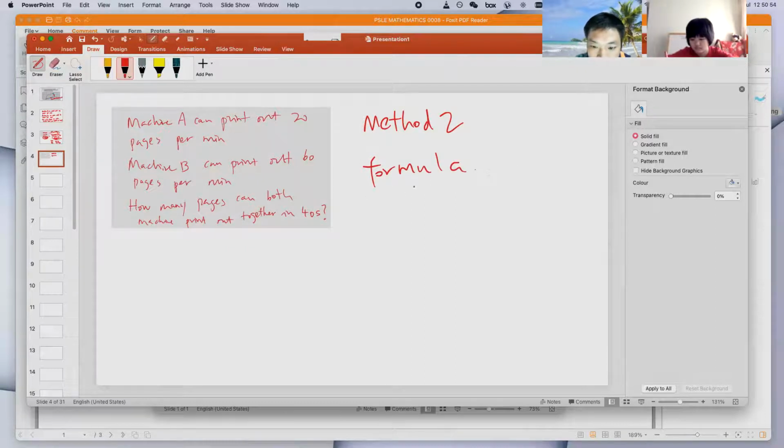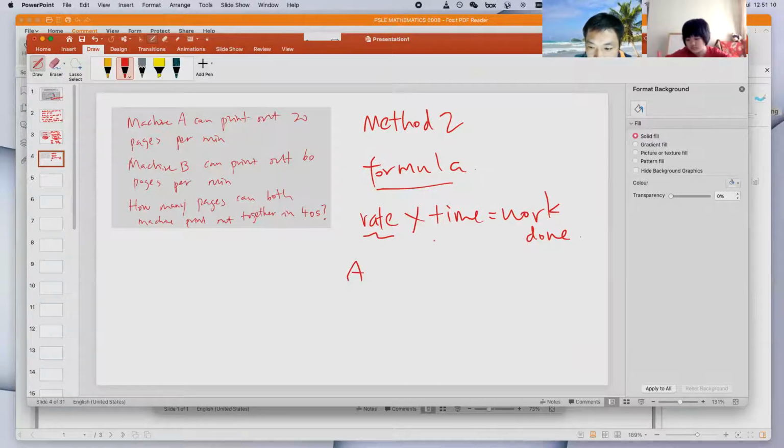The formula is called rate times time equals work done. How do you get the rate for A? If you switch the formula, rate is equal to work done divided by time.